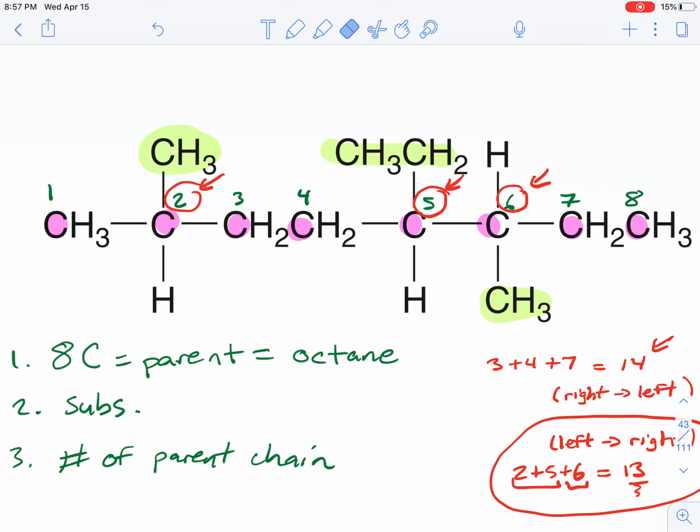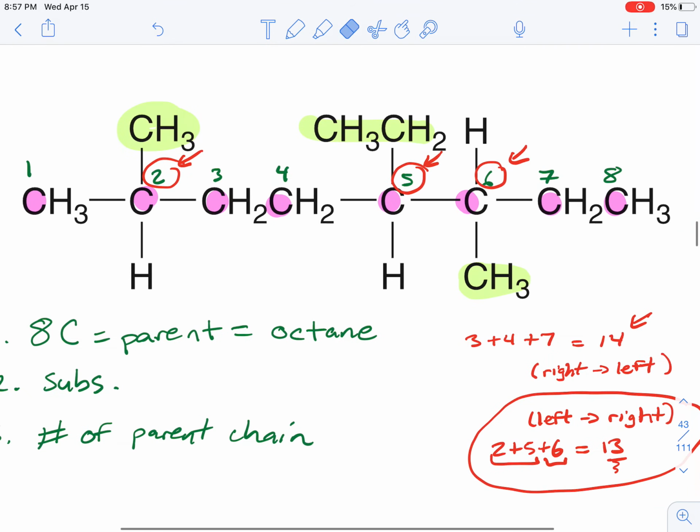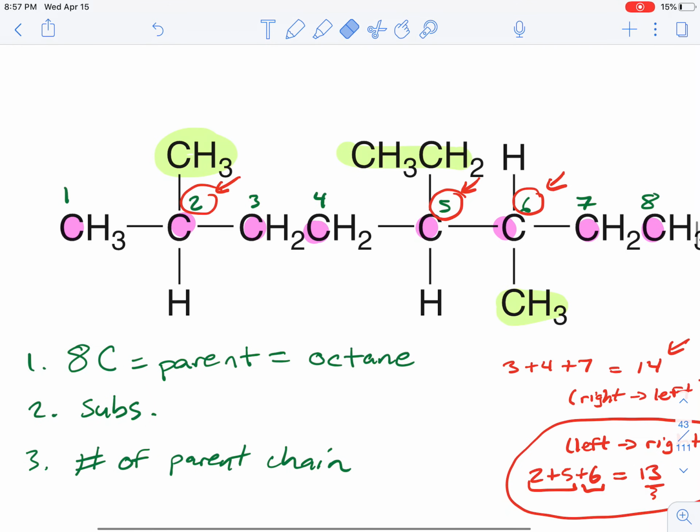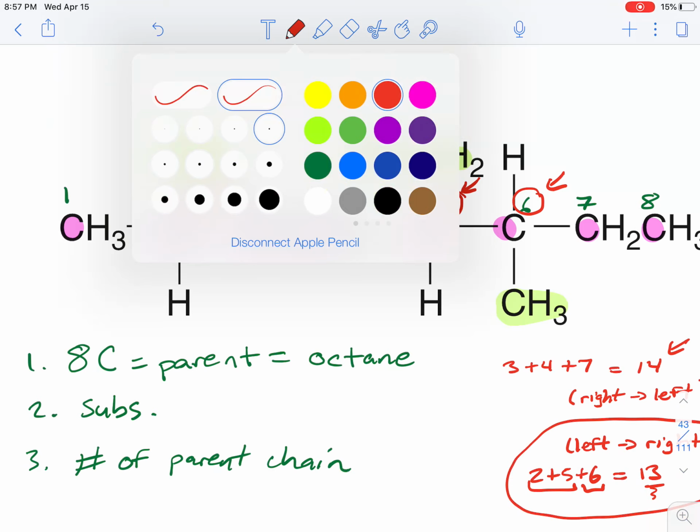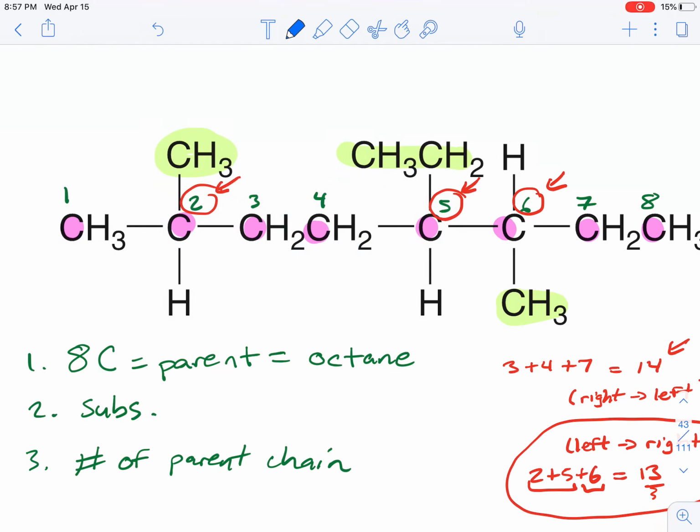All right, so let's go ahead and put these pieces together. And so if this is my substituent, I have a methyl on carbon 2. And so I'm going to say 2-methyl.